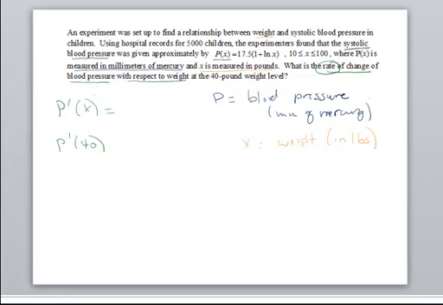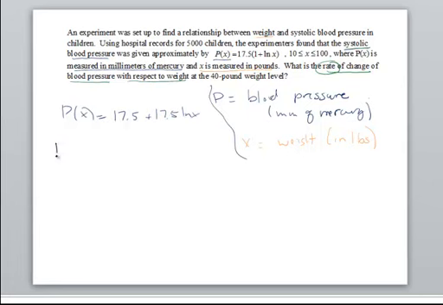So P of x is, I'm going to distribute, 17.5 plus 17.5 natural log of x.